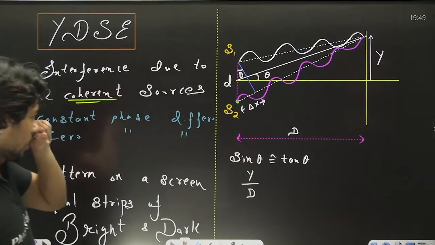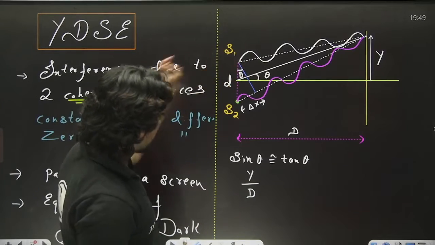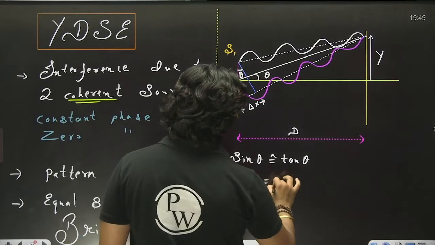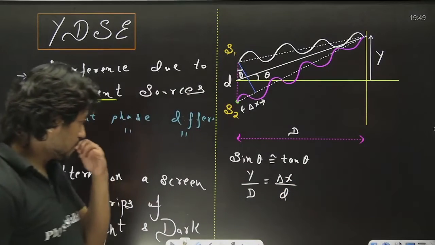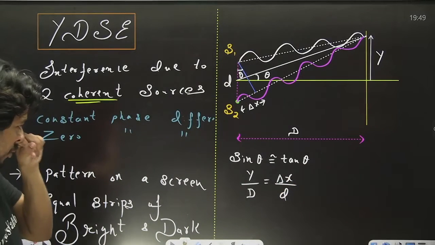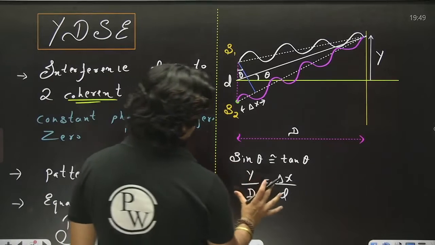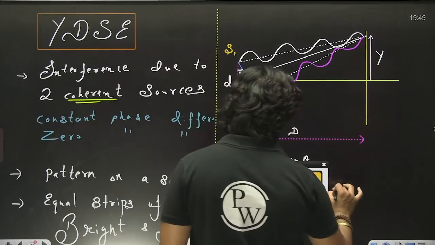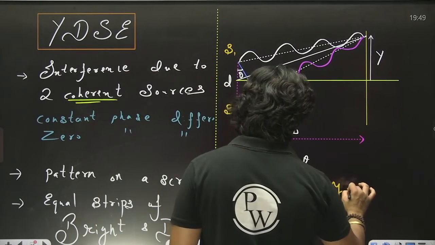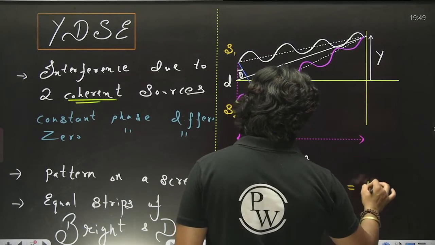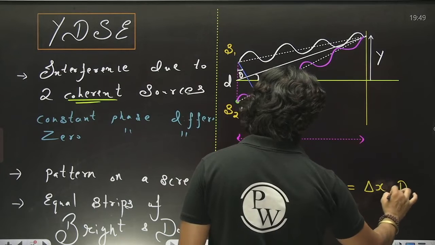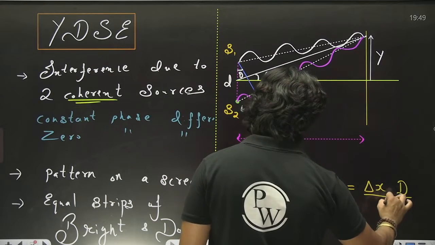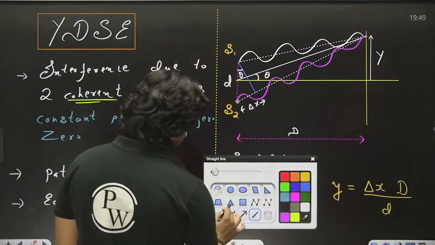Perfect. So sine theta is opposite upon hypotenuse, that means delta x divided by small d. From here we get a relation for y: y equals delta x times capital D divided by small d.